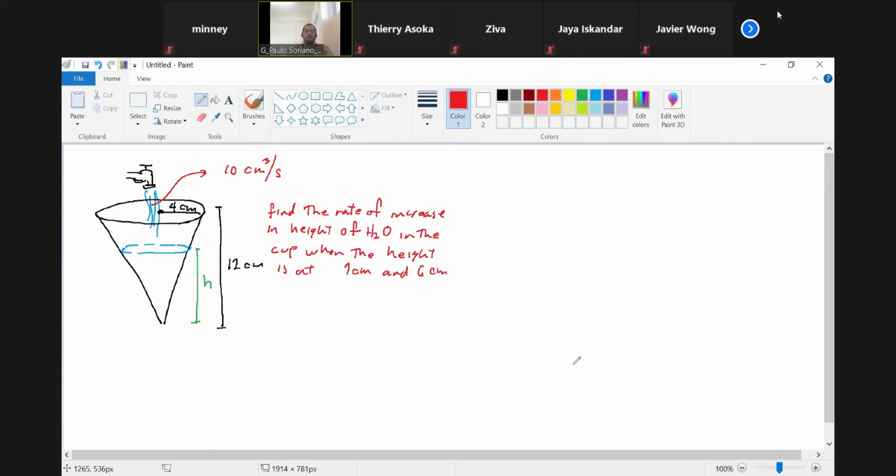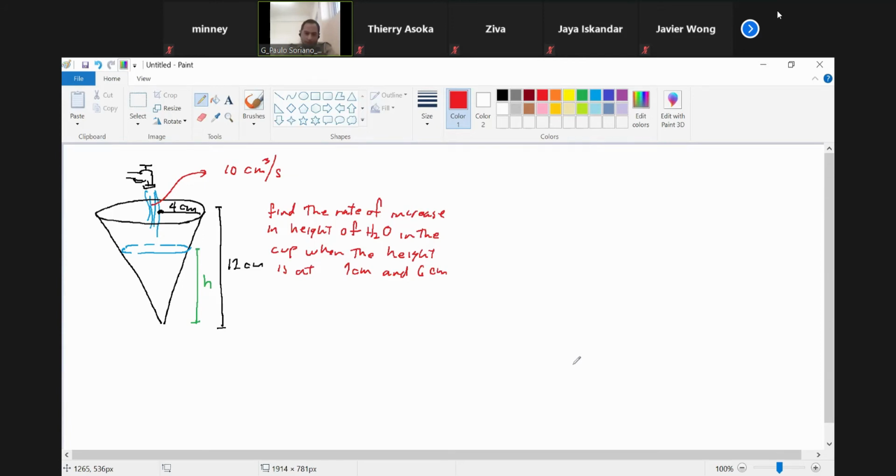Okay, so that's our job. Find the rate of increase in height of water in the cup when the height is at 1 centimeter and 6 centimeters. Okay, so this is now our problem.